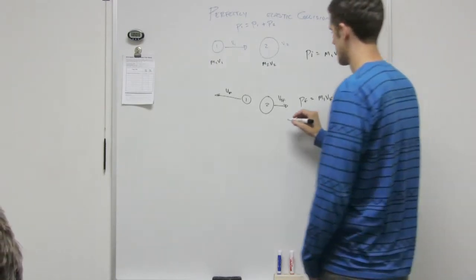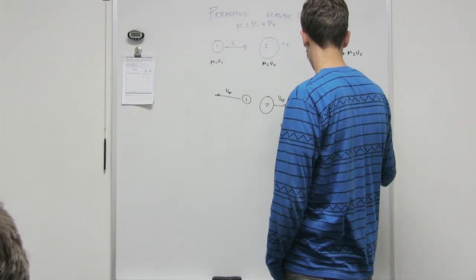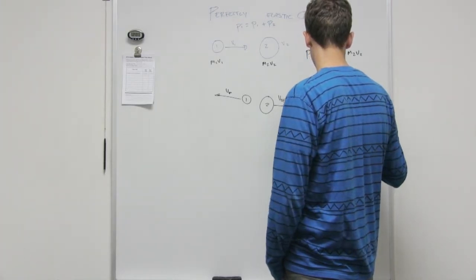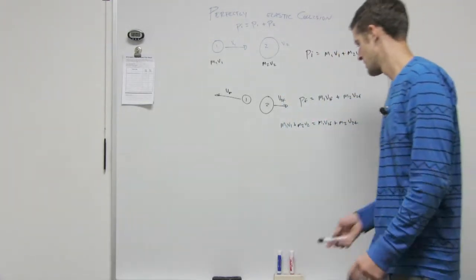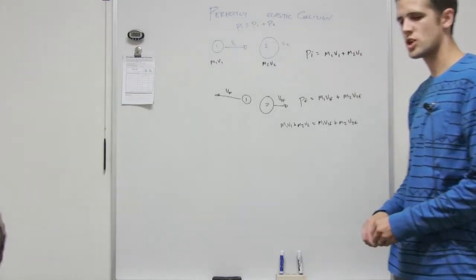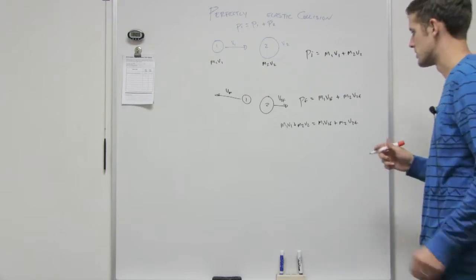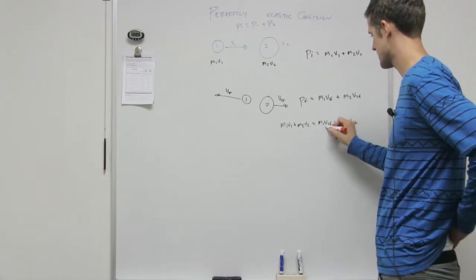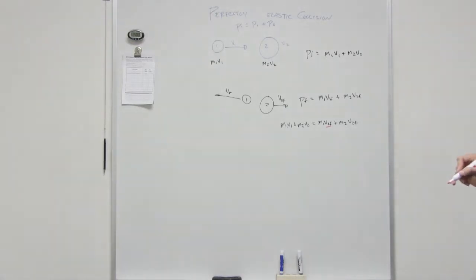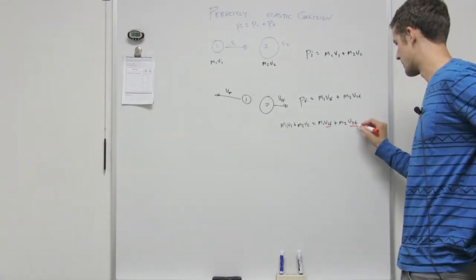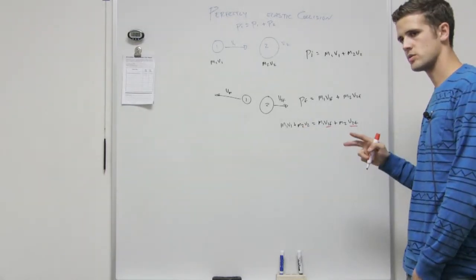And then we can set them equal to each other, right? So this is trying to solve it just like we did with a perfectly inelastic collision. But now what's the problem? Do we know this velocity? No, we don't know either of them, and they're not the same. So now we have only one equation with two unknowns.